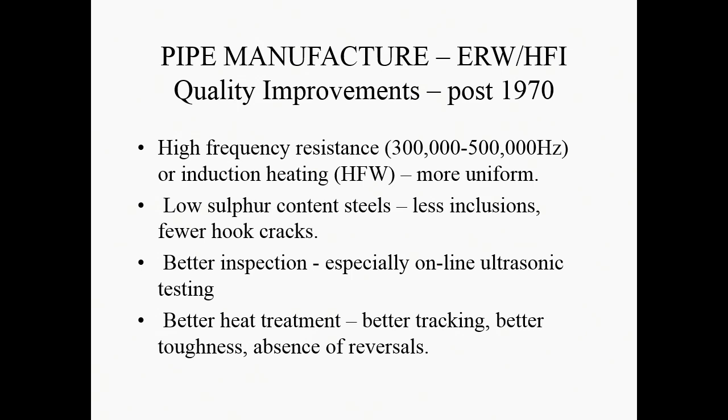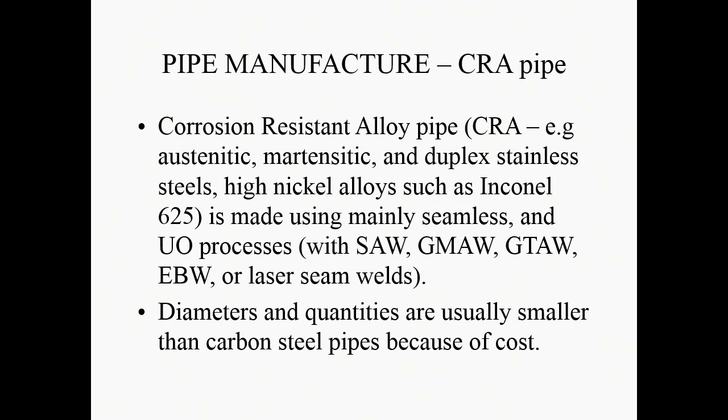You get fewer hook cracks if there's hydrogen around, because again the steel inclusions have been reduced. Better inspection, especially linking that inspection technology with the weld. And you've got better heat treatment. And again, better tracking of the weld has been a good part of that. What about corrosion-resistant alloys?